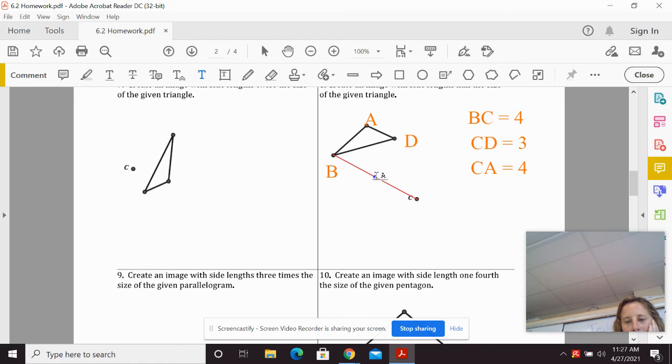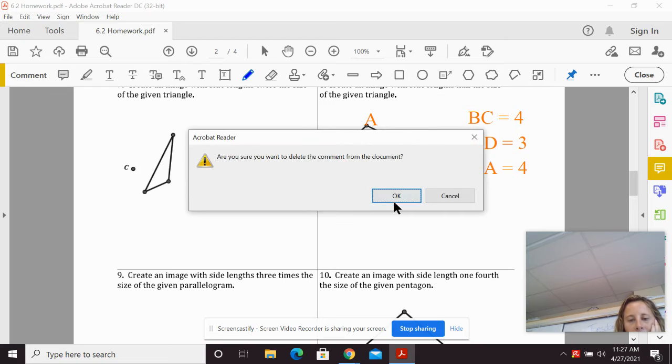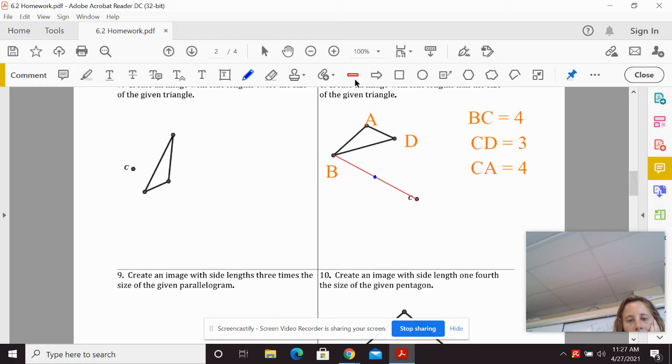C to B. So you're going to do the same thing. I'm going to go ahead and connect them with a line. Oh, not that kind of line. Struggling right now.